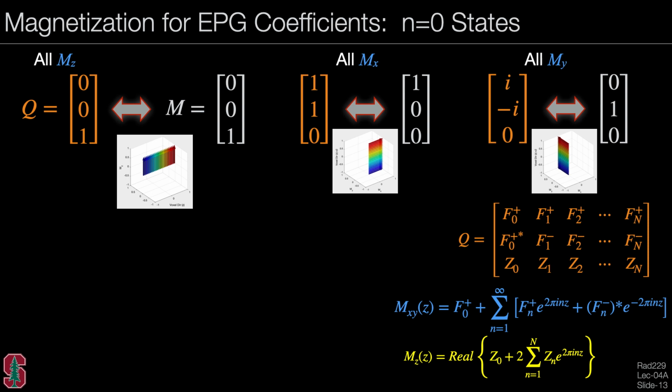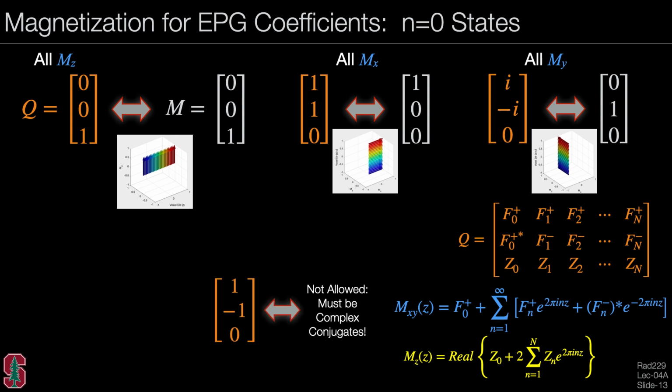The graphics here show the magnetization graphically that corresponds to these EPG coefficients. Now there are also two cases here that are interesting. First of all, this is not allowed because these must be complex conjugates, and this is not allowed because Z0 must be real valued, and this is because the longitudinal magnetization is real valued.